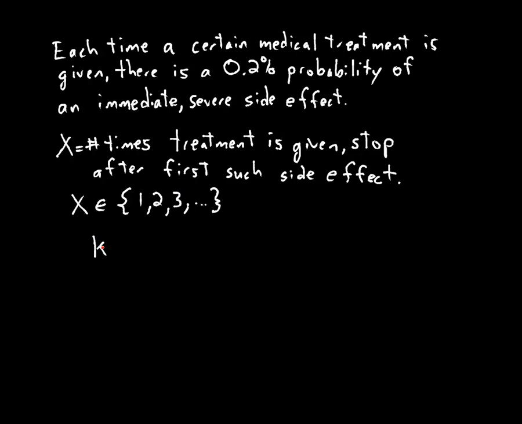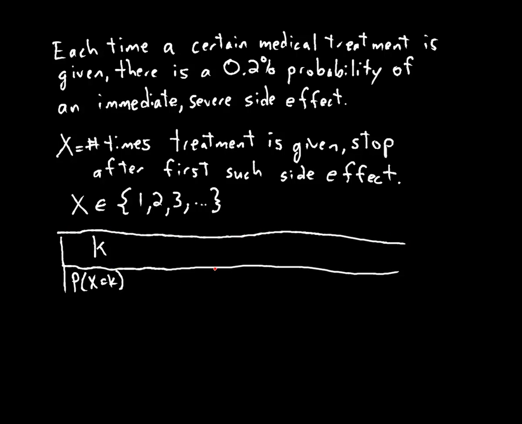So when I draw my chart for the distribution, this is a discrete distribution, so I'm going to draw a chart that lists the probabilities. We'll find that that isn't the way we analyze continuous distributions.